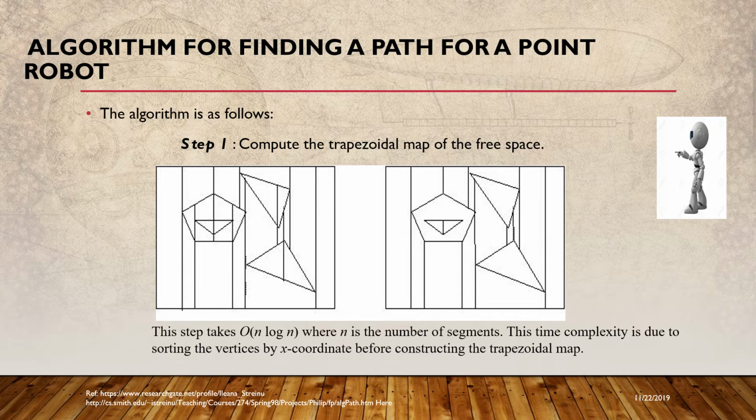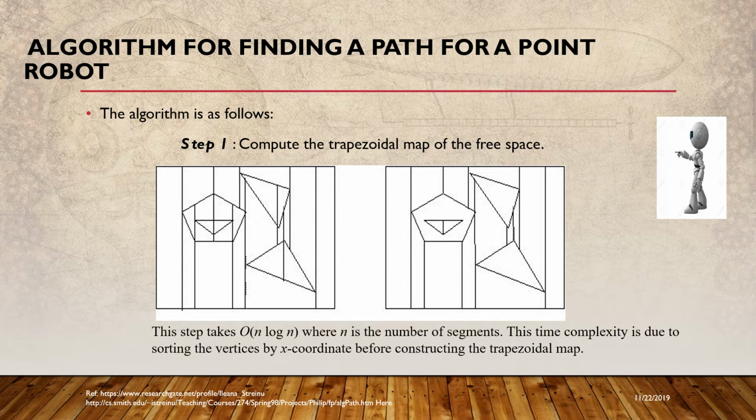We have got three figures: one of them is a pentagonal figure, and then we have got triangles. We convert this into the right hand side, and this is called the boundaries of the obstacles.